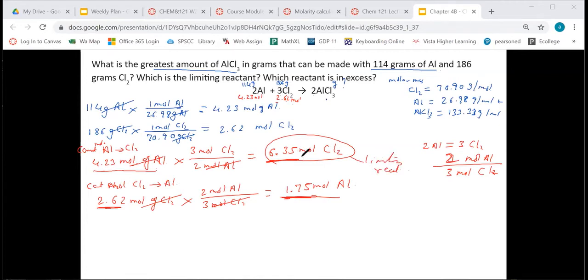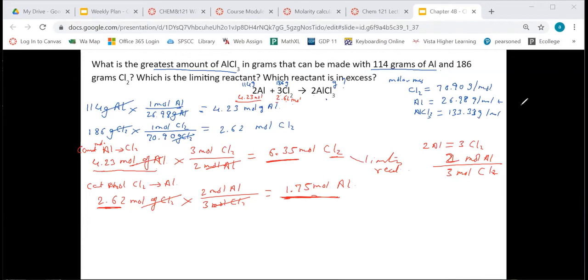So that means chlorine is the limiting reactant, because we do not have that much of chlorine. But we have lots of aluminum. We just need this much aluminum and we have that much aluminum. Make sense?